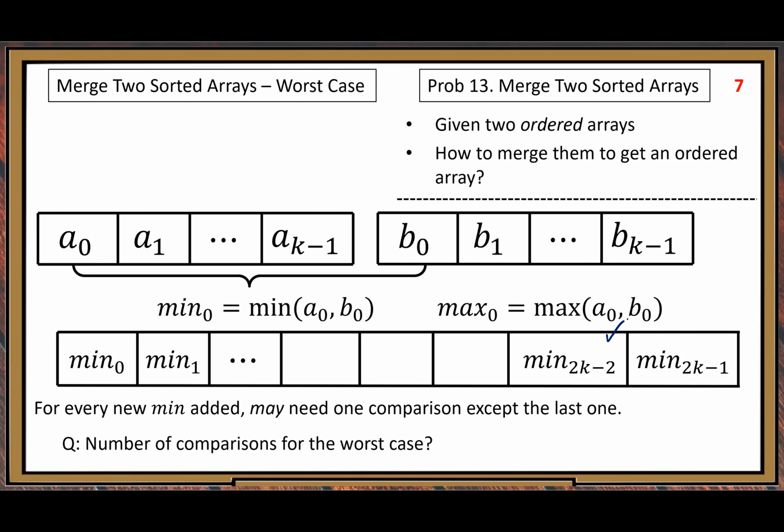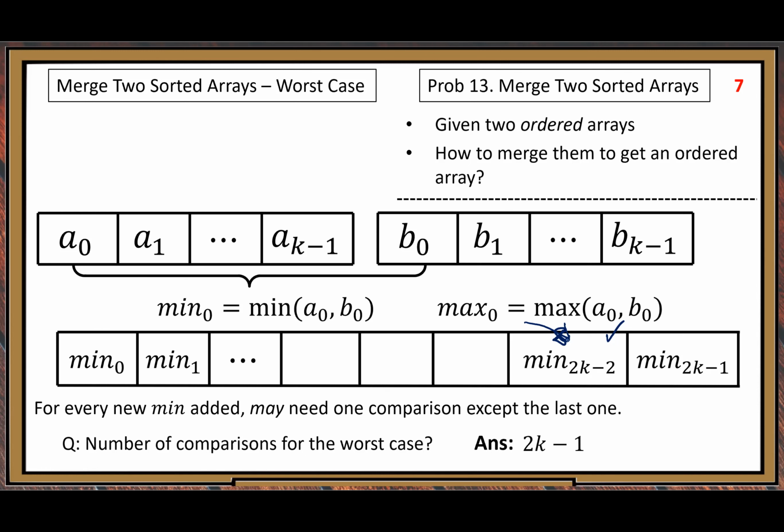For the worst case, you need to do comparisons from beginning to second to last. Second to last, you need one comparison. That's the worst case. So the answer is 2k minus 1.